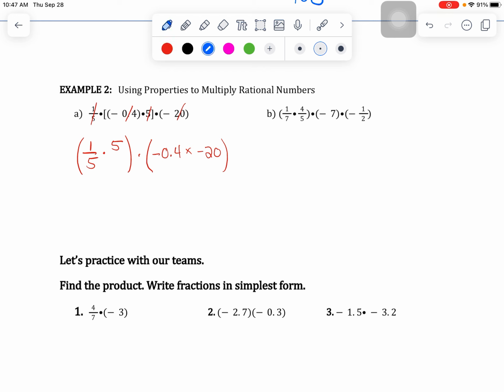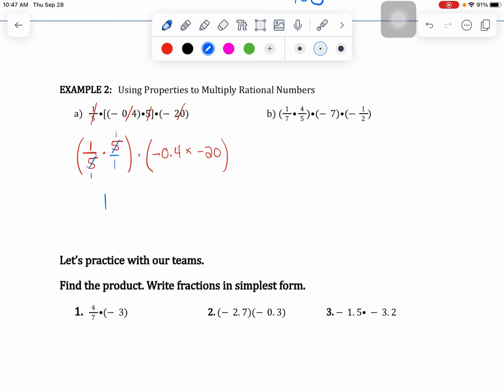So 1/5 times 5. I can write that as 5 over 1, right? And when I simplify, I end up with 1 over 1, which is just 1. In my second group, right, I am going to pretend that those decimals do not exist. So I am doing 4 times 20.